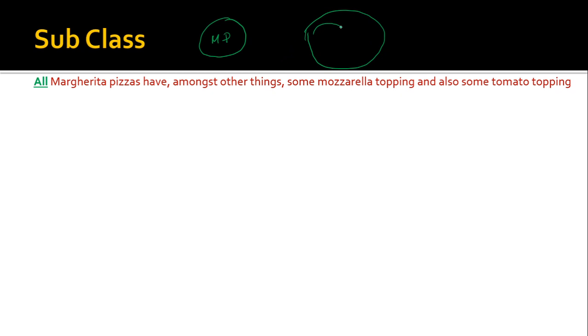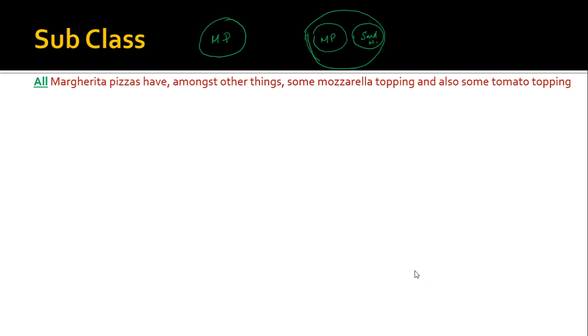It will include the margarita pizzas which have mozzarella topping and tomato topping, as well as it may also contain, say, sandwiches, right? So in that sense, margarita pizza is a subclass of the things that have some mozzarella topping and some tomato topping. So let us try to model this, right?